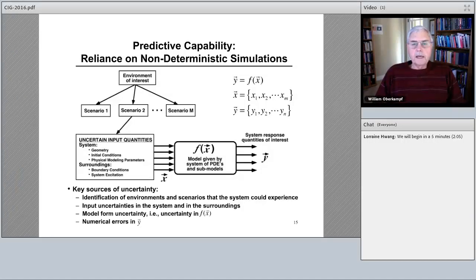So these 5 categories capture all of the different kinds of input data. That presents a vector of input data, which can be very long, tens or hundreds or several hundred long, and you propagate that through the model.